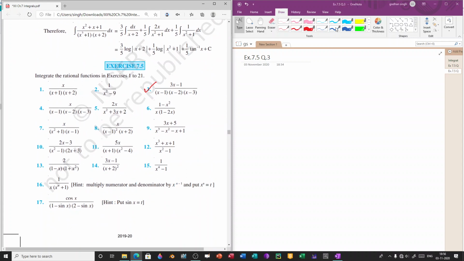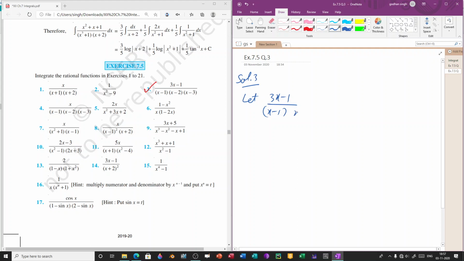So let us do question number 3, solution 3. So let 3x minus 1 over x minus 1 into x minus 2 into x minus 3 equal to, this can be written as A over x minus 1 plus B over x minus 2 plus C over x minus 3.